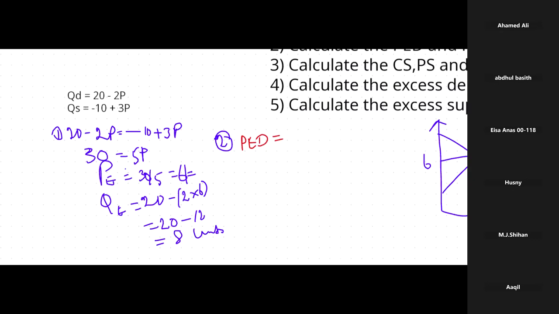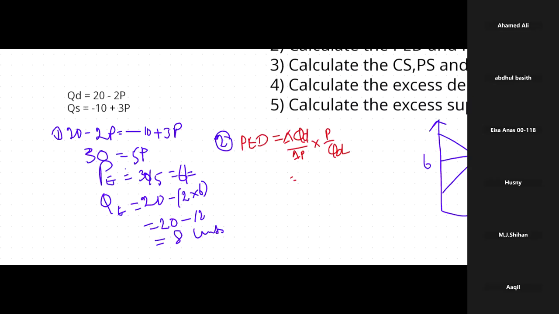That is delta QD over delta P into P over QD.